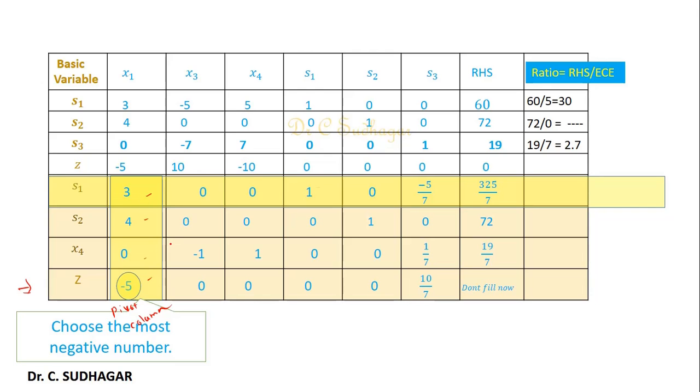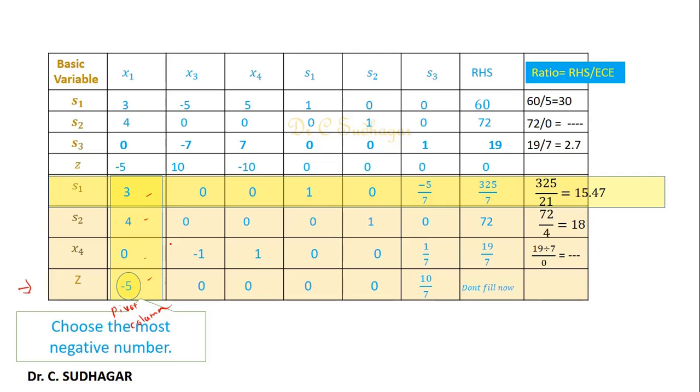We are going to divide. First one, we can divide 325 by 7 divided by 3, so you will get 325 by 21. Next, take these two numbers, so 70 divided by something is going to be equal to 18. The third one I am not going to write because it is giving infinity: 19 by 7 divided by 0 is infinity.